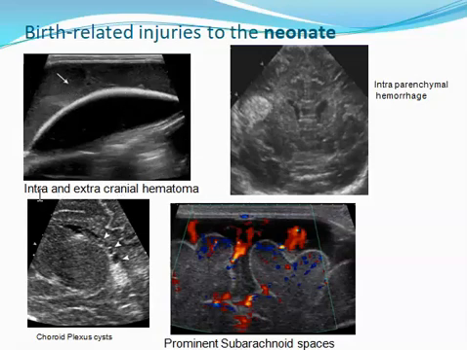Now this slide shows a birth-related injury to the neonate. You see that this is a big hematoma on the baby's head, and you have to first document the exact location of the hematoma, whether it is parieto-occipital or temporoparietal or whatever the location. Plus, when you see this type of structure on your exam, always apply light pressure and a little bit more gel so that you can see the skin and the scalp also.